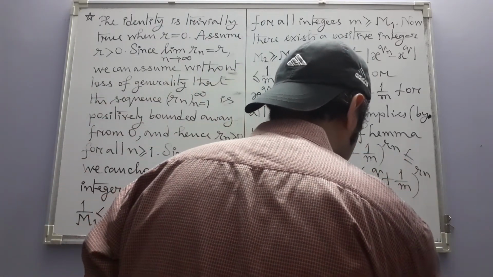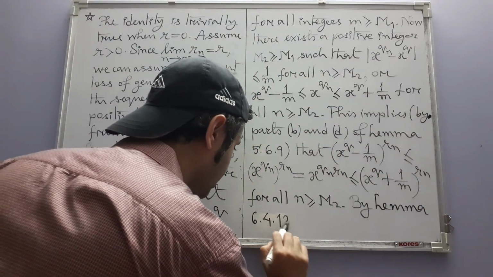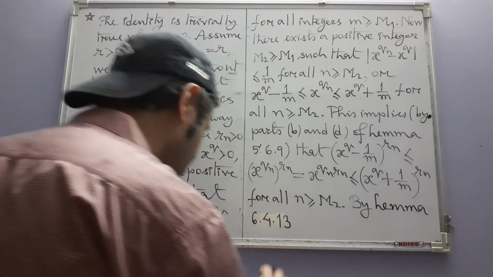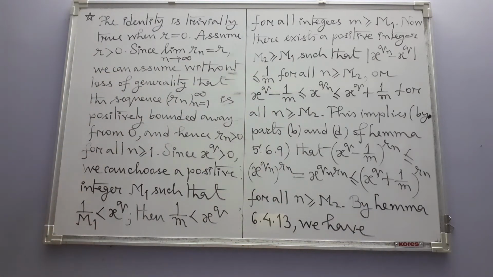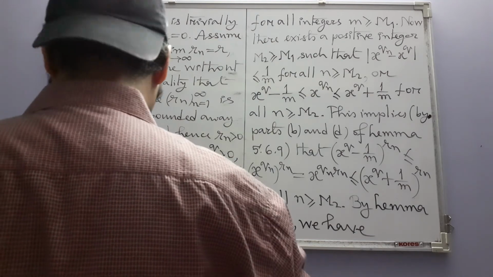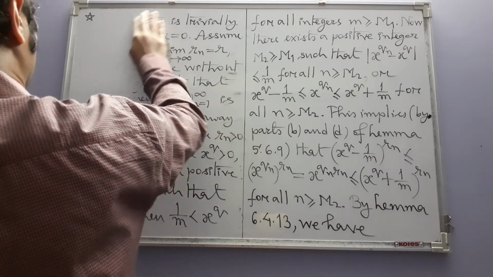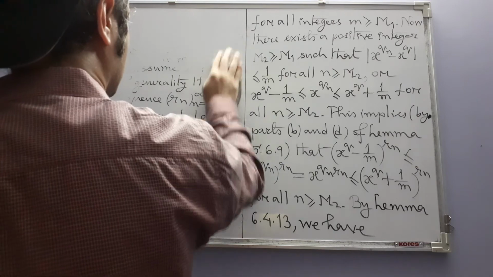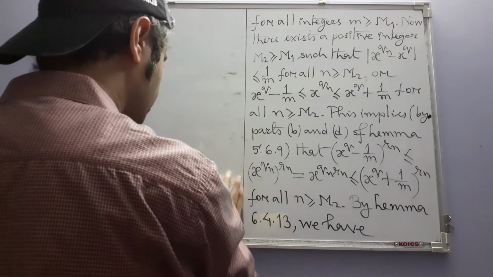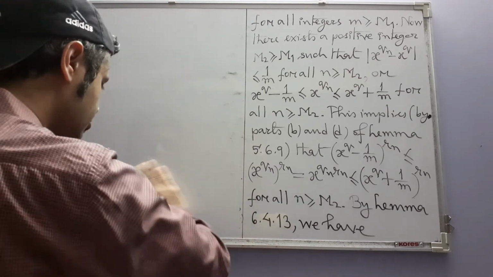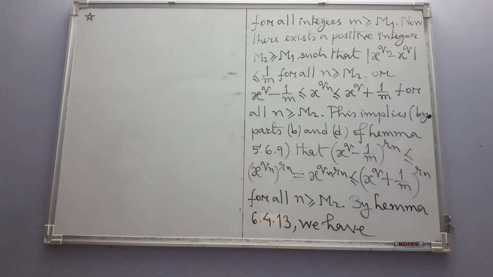Now by lemma 6413, which is the comparison principle, we have, if you are keenly following all the steps, you must have already run into a confusion here. I am going to address that soon.